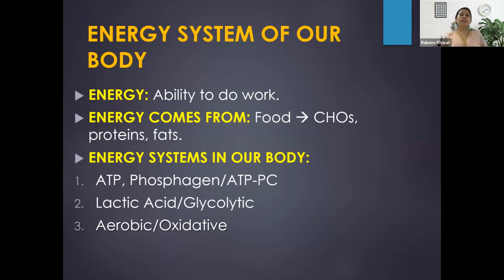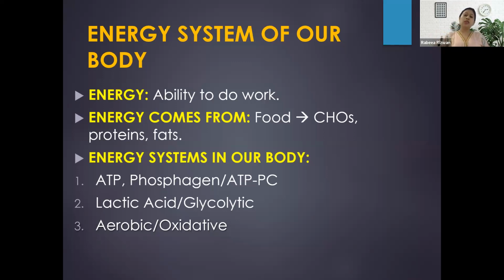This energy gives us the ability to do work, the daily tasks of our life, and this energy comes from the food, the daily food that we eat, such as bread, cereals, eggs. Many things are coming. These are our dietary sources, in which the macronutrient sources are carbohydrates, proteins, and fats.